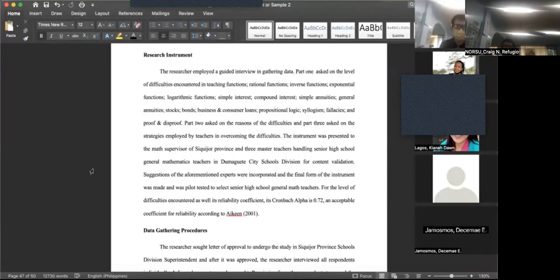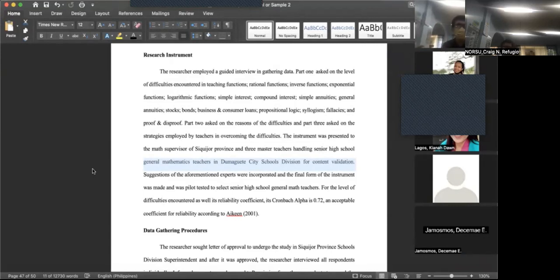The pilot testing should not be done within the target population. So if your research locale and your target population is in Siquijor, then you are not going to have it in Siquijor. Have it in Dumaguete Schools Division.